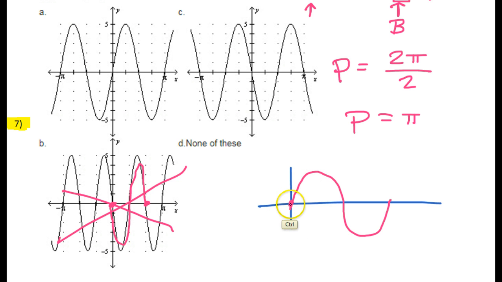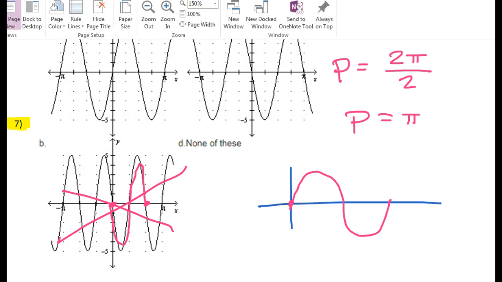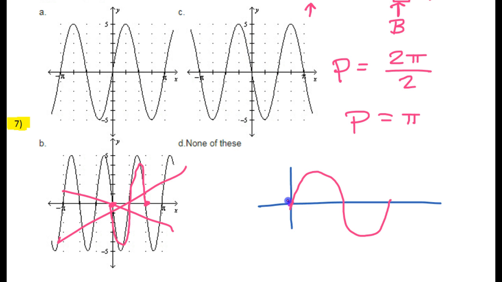So if I were to reflect this over the y-axis, it would look like this. Okay, I sort of ran out of midline there, but you get it. All right, it's a reflection.